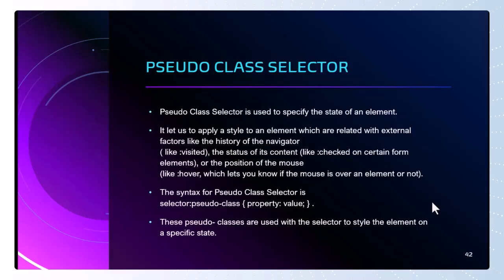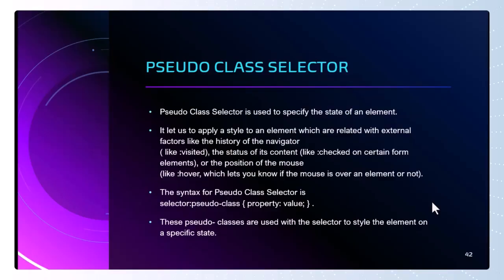Pseudo class selector is used to specify the state of an element. It lets us apply a style to an element which is related with external factors like the history of the navigator, so the colon visited, the status of its content, colon checked on a certain form element, or the position of the mouse, there's hover.